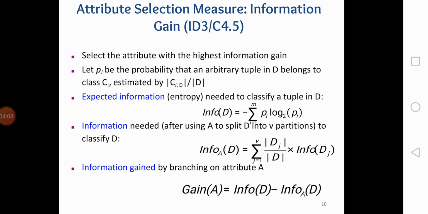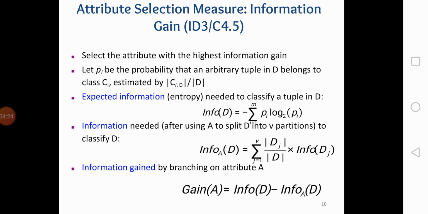Then the second one is the information needed after using A to split D into v partitions to classify D. Here A is the attribute we have used to split D into v partitions.